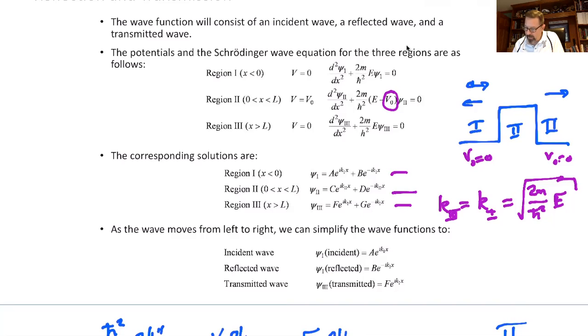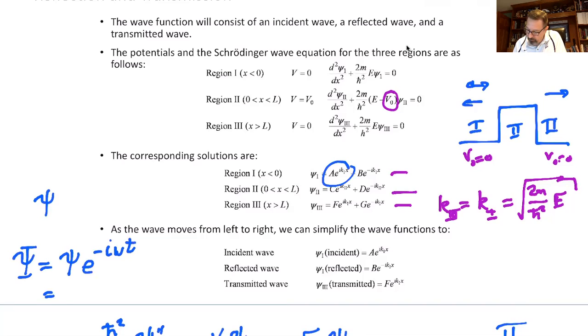And it seems to me that I've only written lowercase psi. Uppercase psi, remember, that I tried to write one time, is lowercase psi times e to the minus i omega t. And so these solutions, like that part right there, really is a e to the plus i k x, e to the minus i k x.